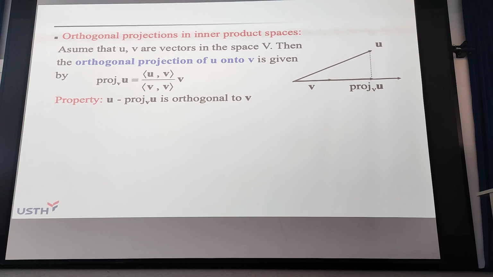And the most important property of that is that one. U minus projection of U on V is always orthogonal to V. It means that the dashed line here is orthogonal to that one.